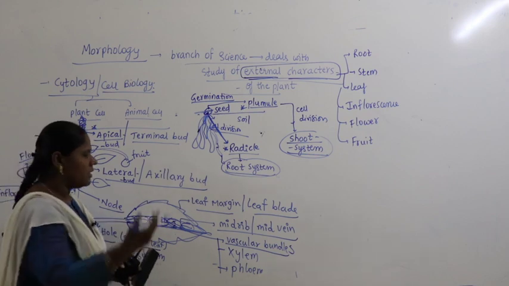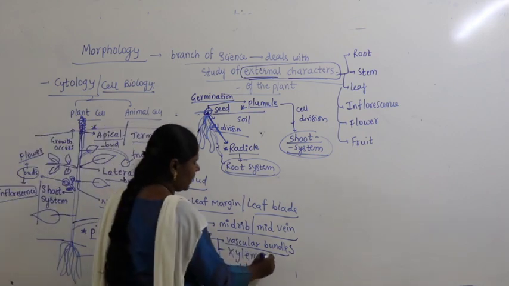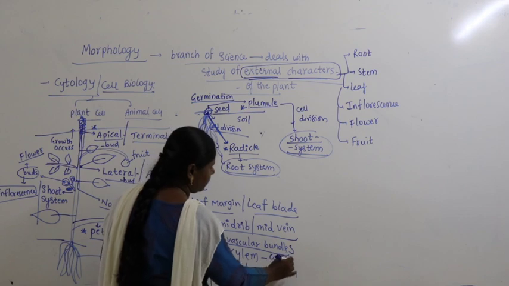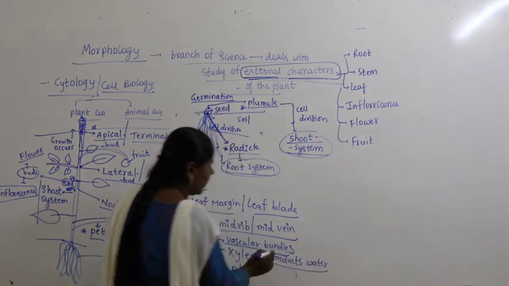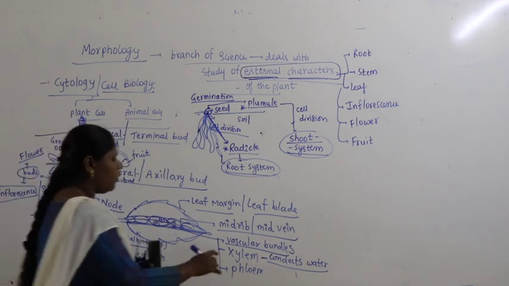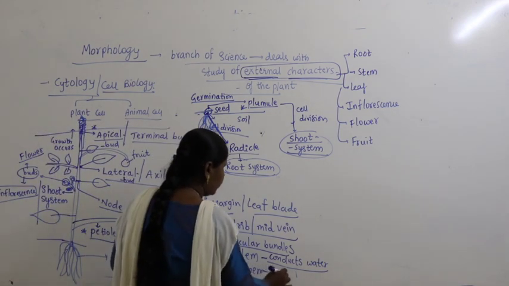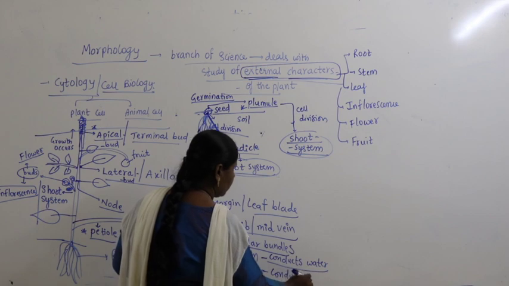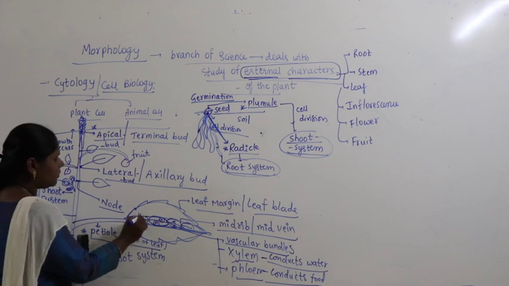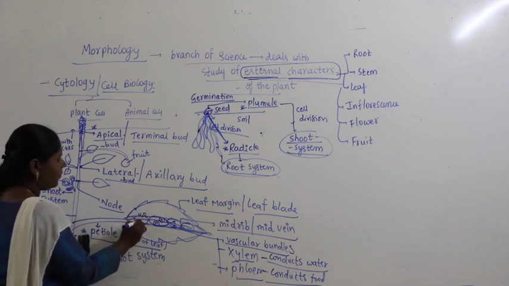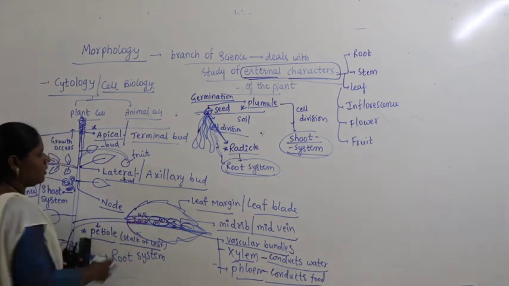What is xylem? Xylem is the one which conducts water. Phloem is the one which conducts food. So here xylem takes water to the leaf and phloem takes the food.